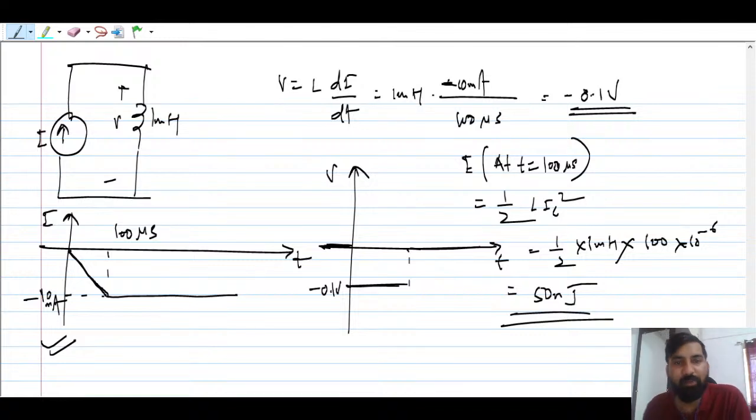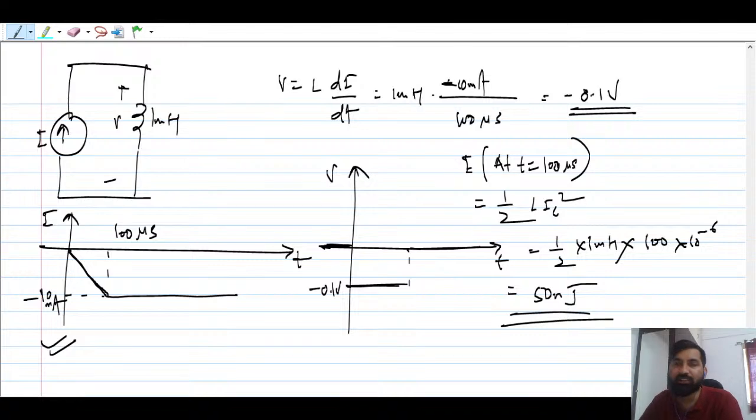Now you can also find the power. Power is going to be positive, because the product of I into V gives positive power, meaning it is absorbing power. You can draw it: since you know the voltage as well as the current, just multiply and you will get the power.